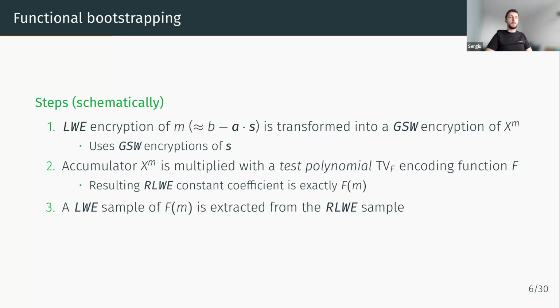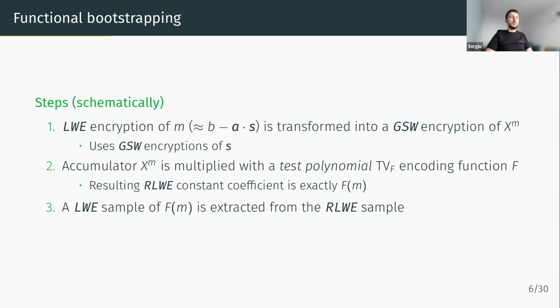of GSW. So this accumulator x to the power m is multiplied with a test polynomial. The test polynomial is a polynomial which encodes a function f we want to evaluate, with some tricks when you encode the function f. But the result is that when you multiply x to the power of m by this test polynomial, it will rotate the test polynomial in such a way that the constant coefficient of this polynomial will be exactly f of m.